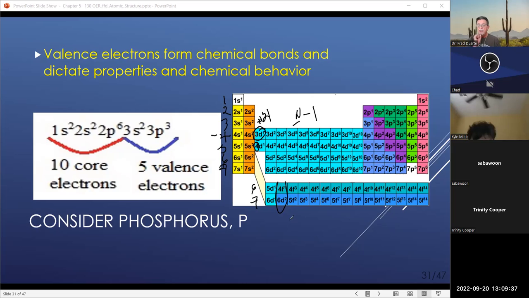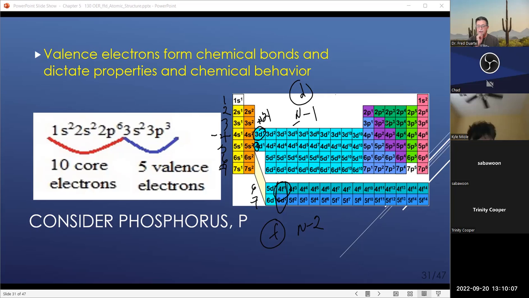Now, for the Ds and the Fs, they start to come into play 2 energy levels in from the energy level that the element is at. And that's why for this one here, the F orbitals are in the 4th energy level and not the 6th energy level. But that's only for the Ds and the F.